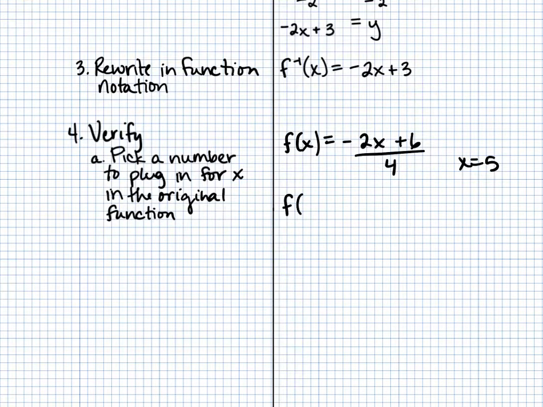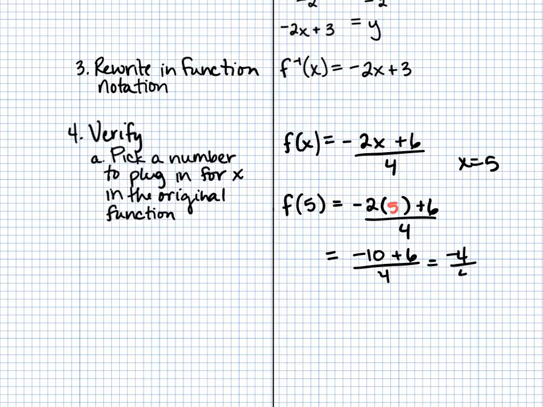So f of 5 equals negative 2 times 5 plus 6 over 4. Then I just evaluate. Negative 10 plus 6 over 4 equals negative 4 over 4, which equals negative 1.